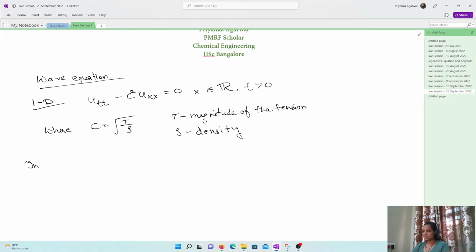Now along with this, we are given initial conditions.